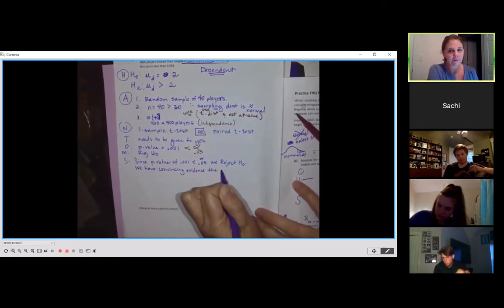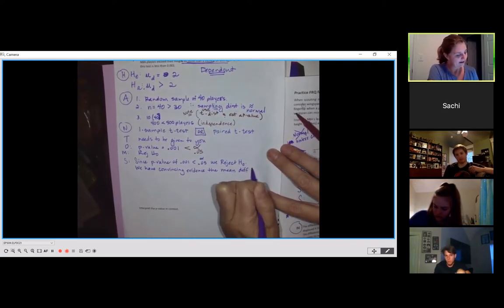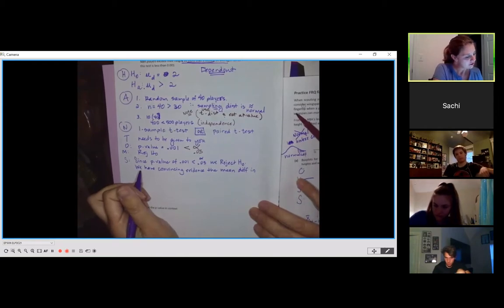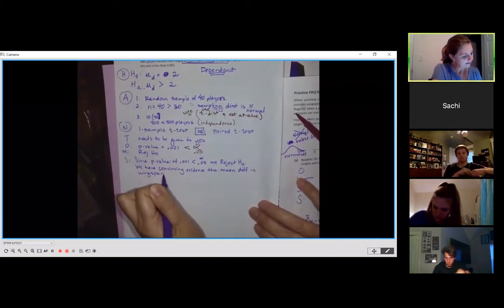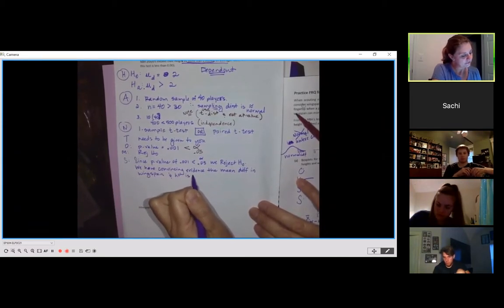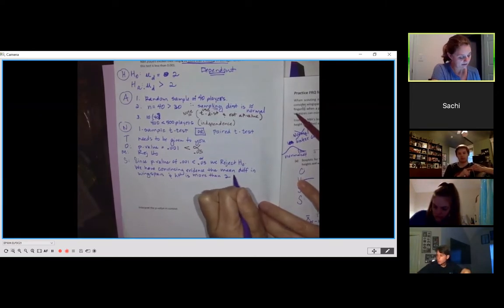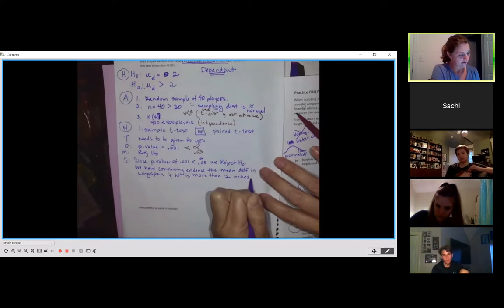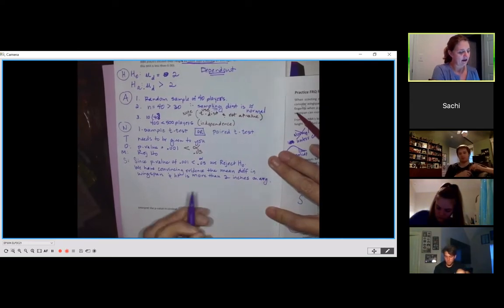Okay, what did we just do? Mean difference in wingspan and height is more than 2 inches, on average, just because the phrase up in the question said on average.